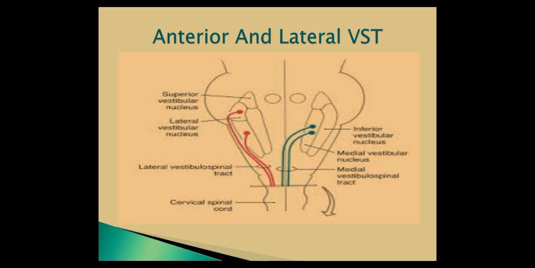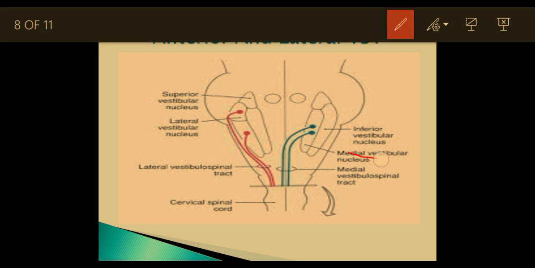Next are the anterior and lateral vestibulospinal tracts. The anterior vestibulospinal tract extends through the spinal cord via the anterior white column, and it originates from the medial vestibular nucleus. It extends up to the thoracic segment of the spinal cord.